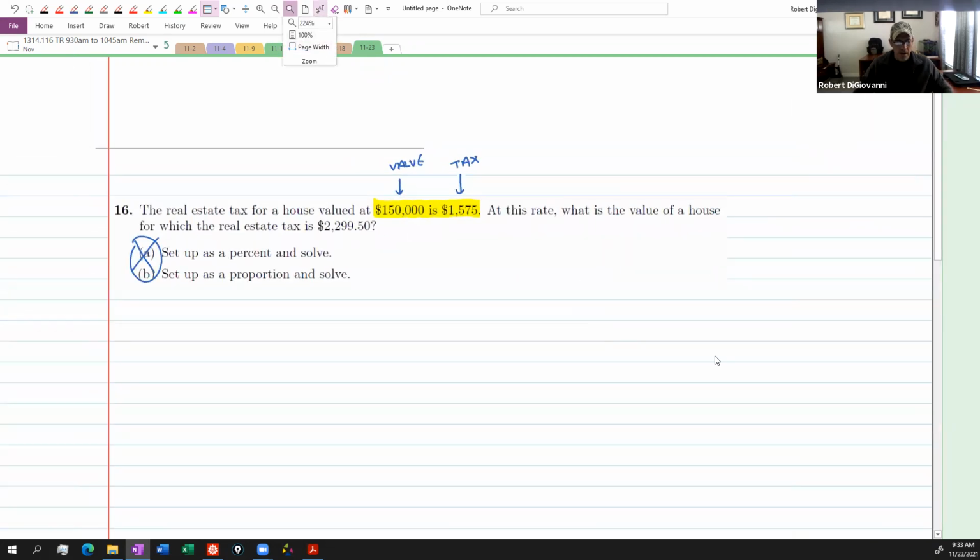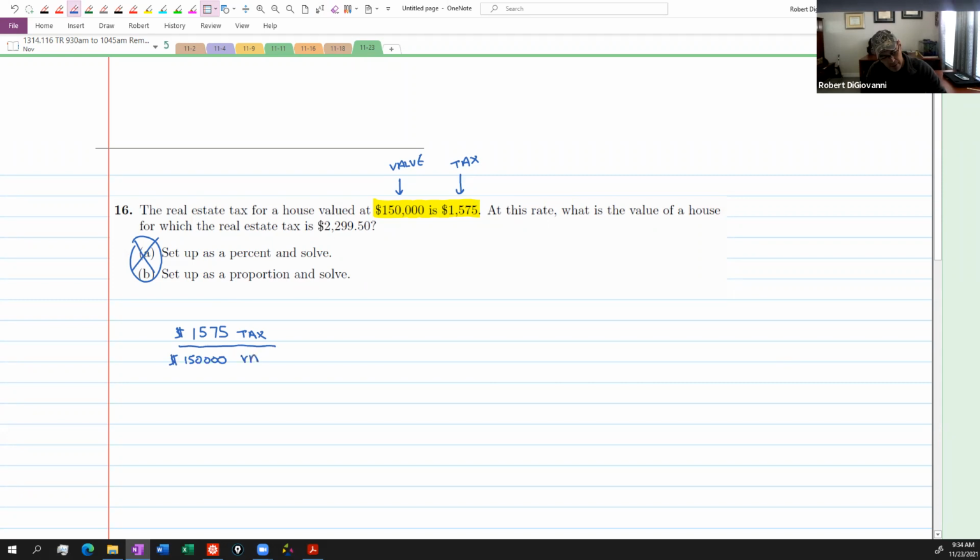Okay, so one way we could approach this is to set up the proportions that we did before. So if we start with that, we can write that as 1575, our tax, over the value, which is $150,000.